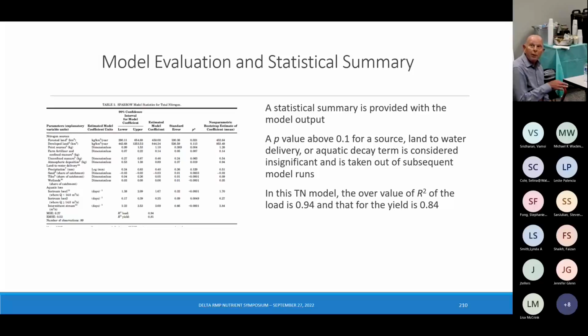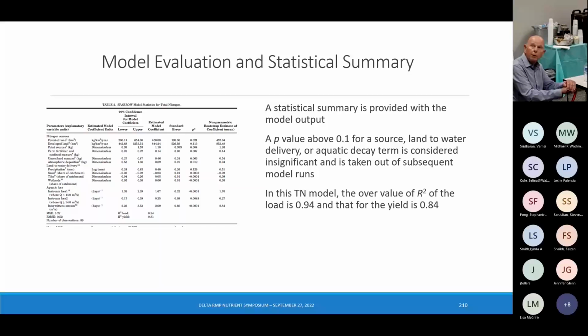Next slide. All right, so I guess here's mine that you can't read. So model evaluation, statistical summary. When the modeler runs this, they have all those different possibilities of sources, land to water transfer, aquatic decay, and then the model spits out a p-value for each of those.